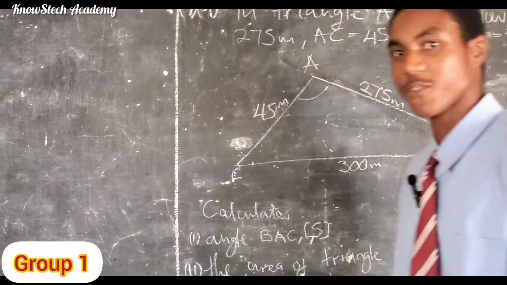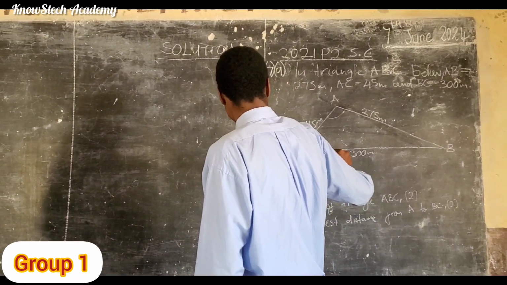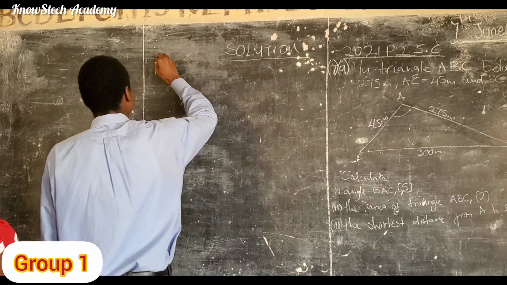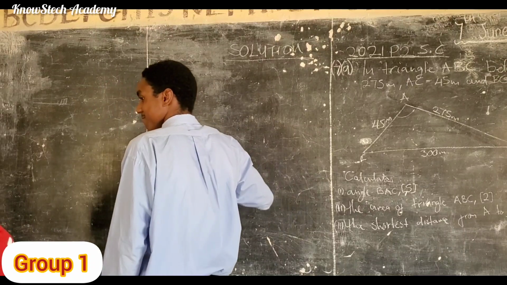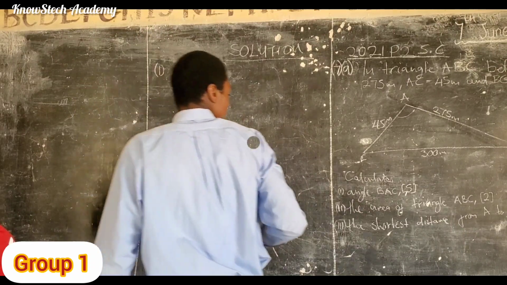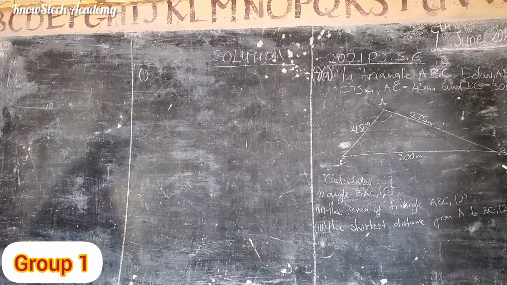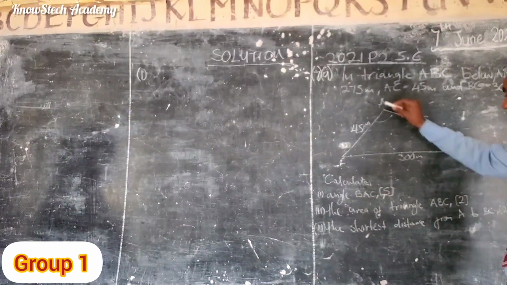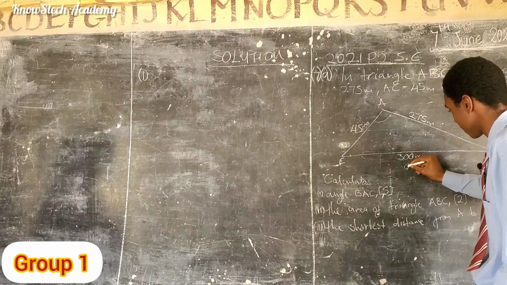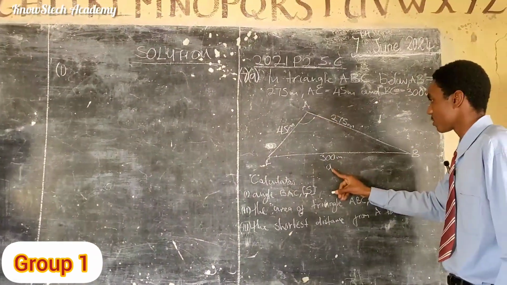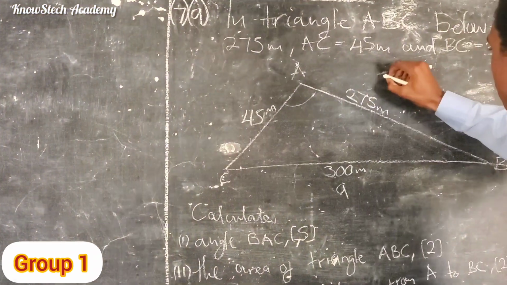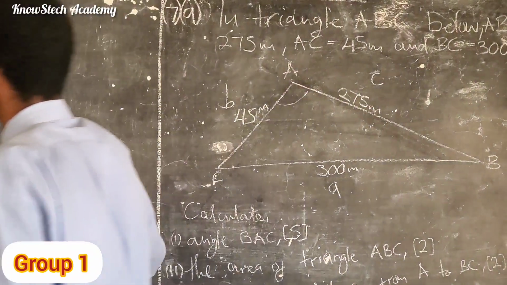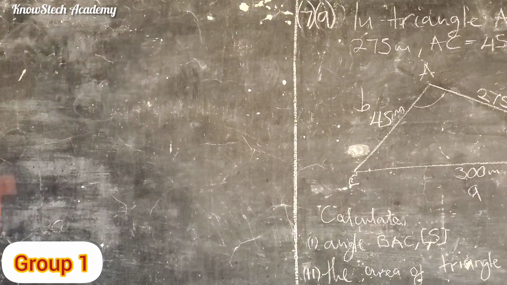So now what is the formula for calculating an angle in the cosine rule? After we read the question, before we even start, we need to identify the sides first. So this is side A because it's directly opposite the angle A there, and this is C, and this is our B. So now we use that to come up with our formula.